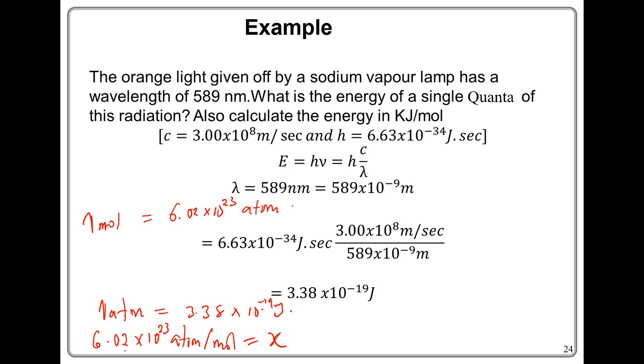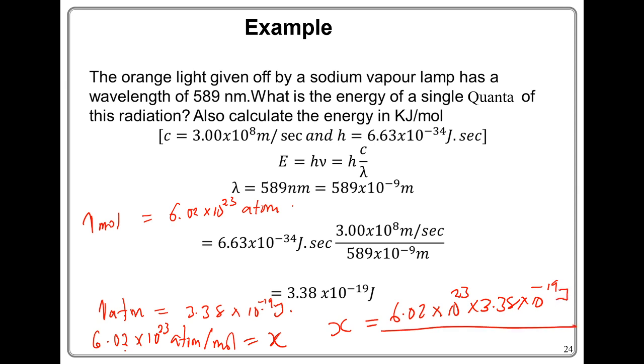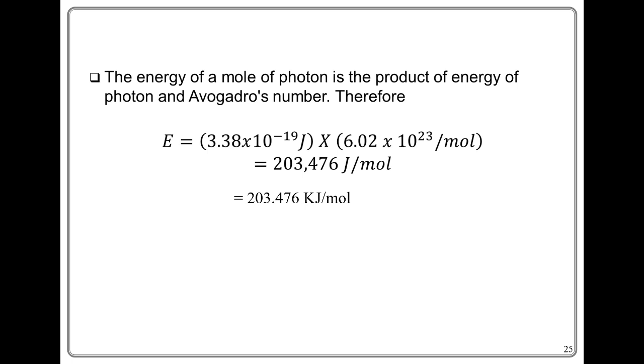So now X will be equal to 6.02 times 10 to the power 23 times 3.38 times 10 to the power minus 19 joules divided by 1 atom. Now remember the units of these are atoms per mole, so the atoms will cancel. What will remain as your answer is joules per mole.